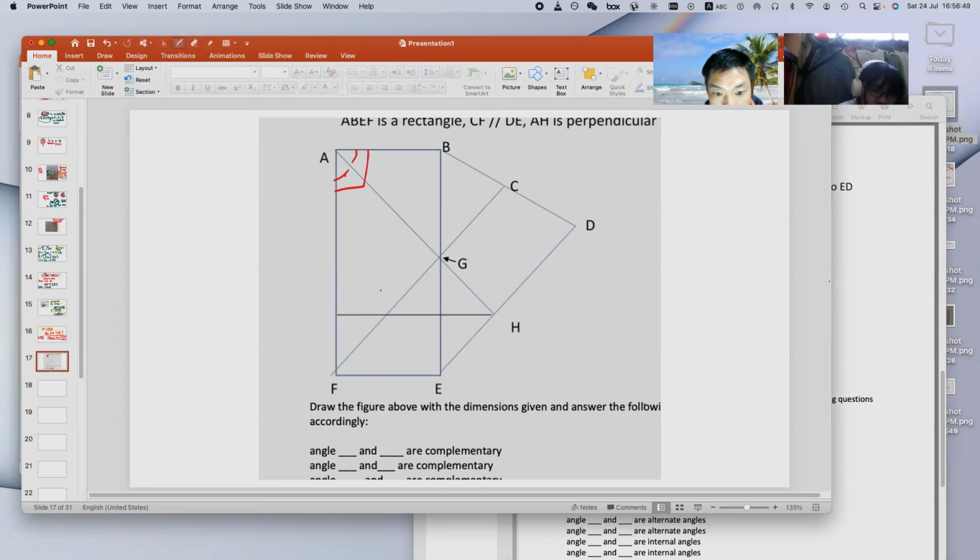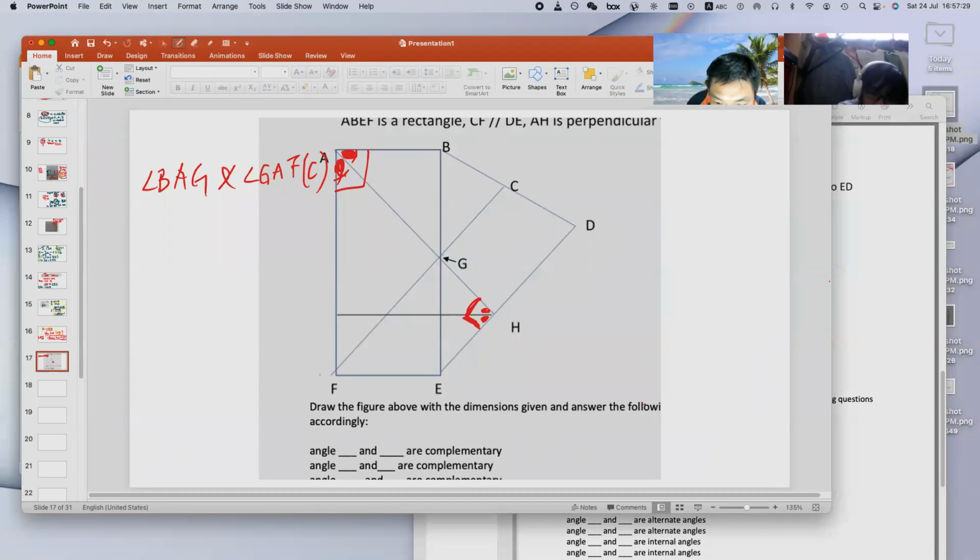So angle BAG, which is this angle, and angle GAF, this angle, are complements. Another complement, can you see here? This one is 90, right? So this angle and this angle are complementary.